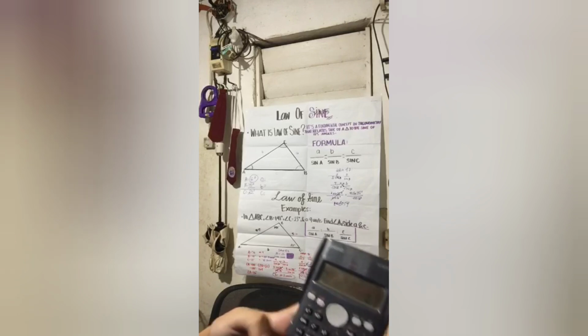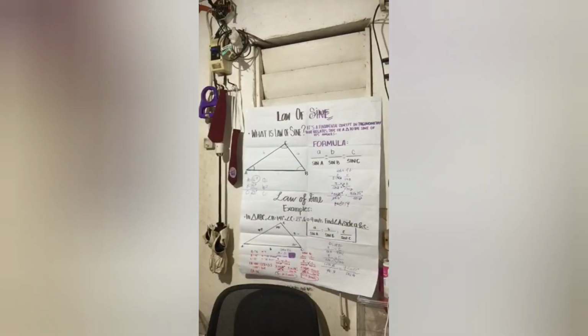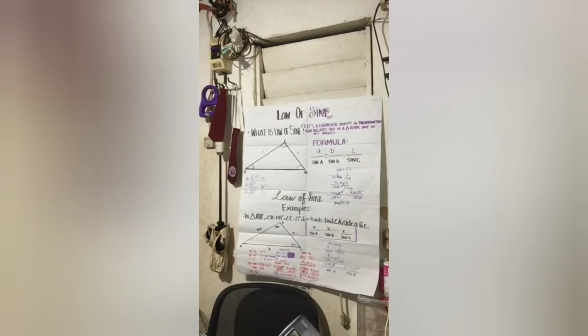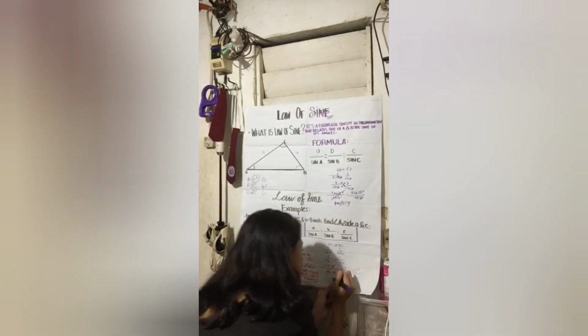So we are now going to solve for side C. Input sine 23 divided by sine 16 is equal to 12.18 units. So it's also not accurate, so we will use the approximate value.